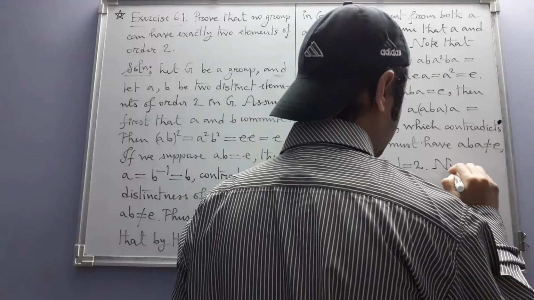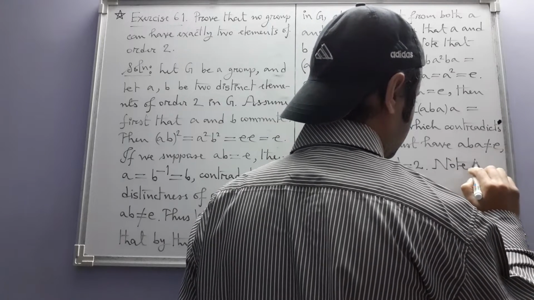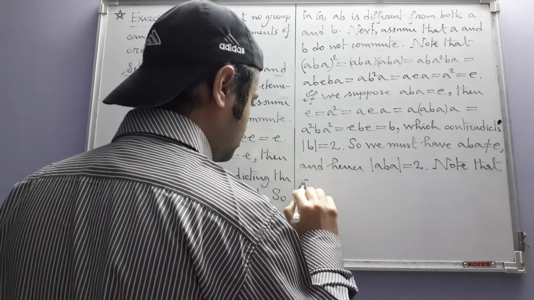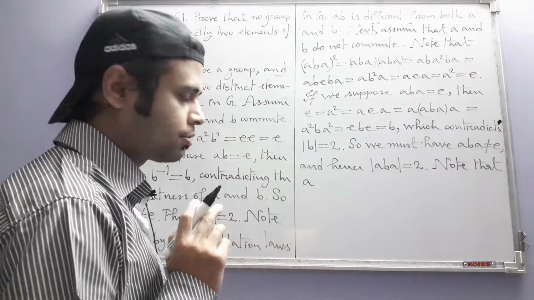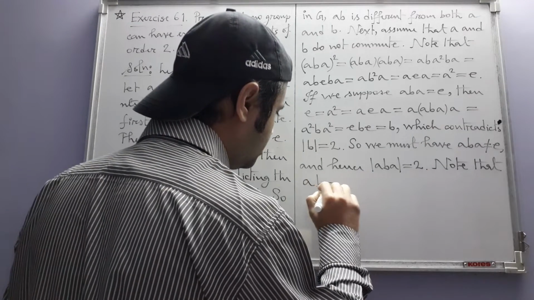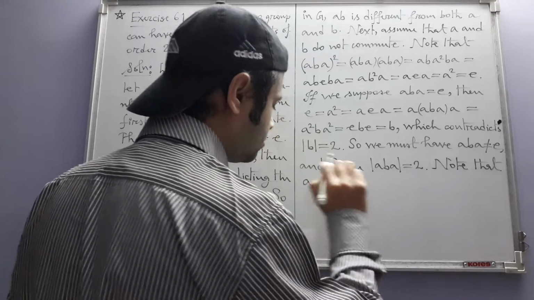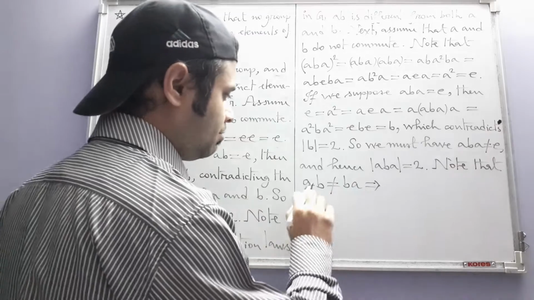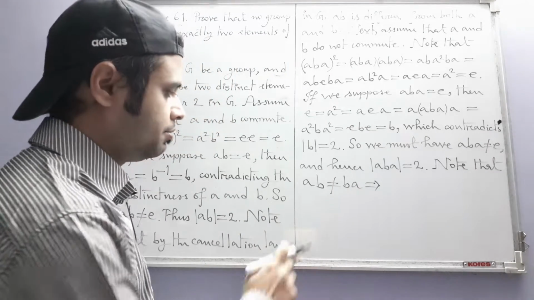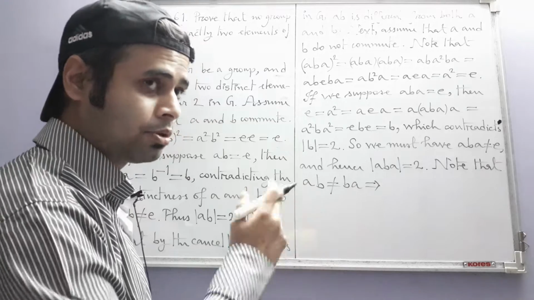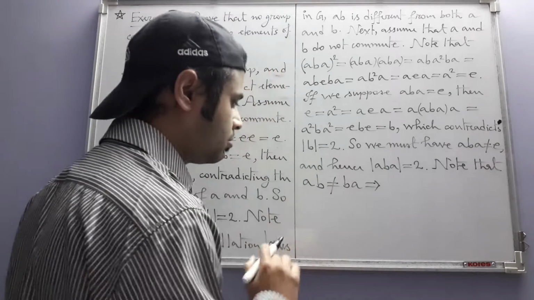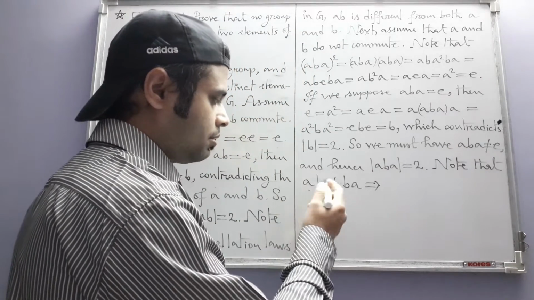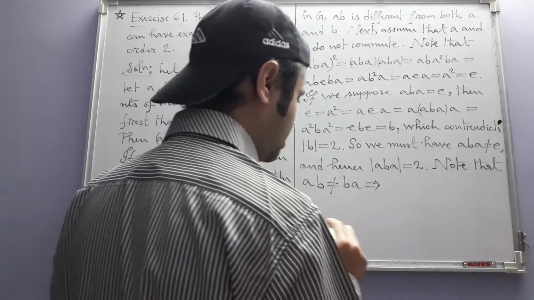Note that since A and B now do not commute, AB is not equal to BA, which implies if we post multiply on both sides of this inequality by A, then the resulting group elements will also not be equal by the cancellation law.